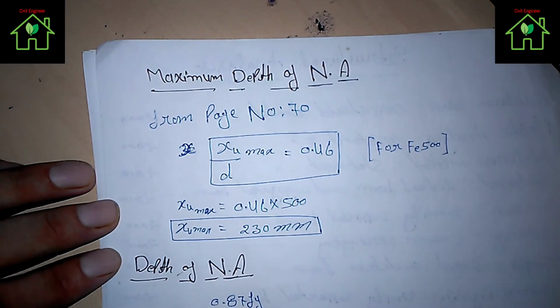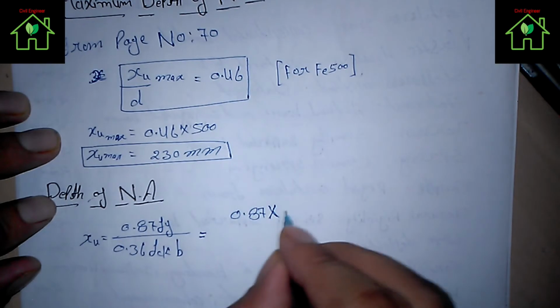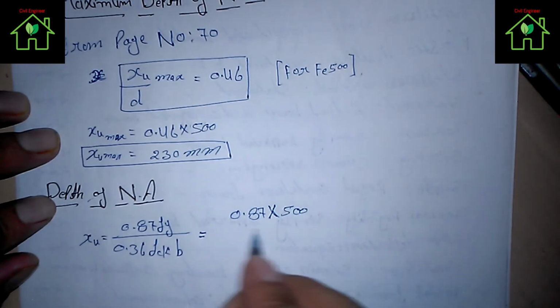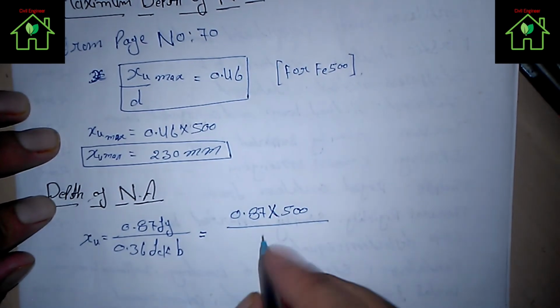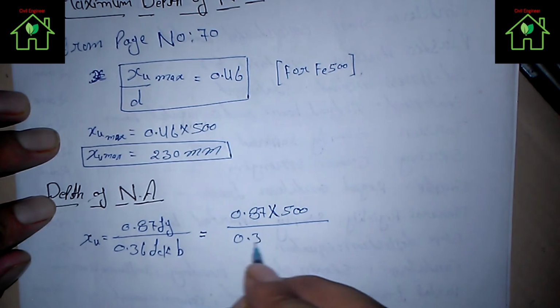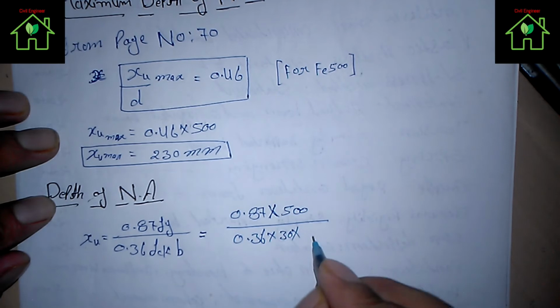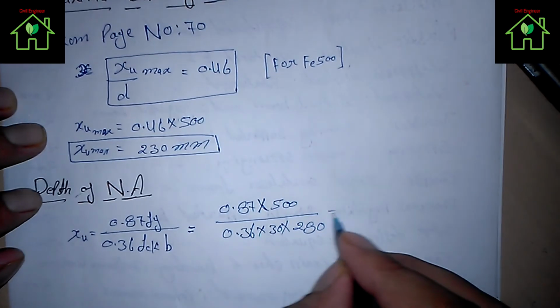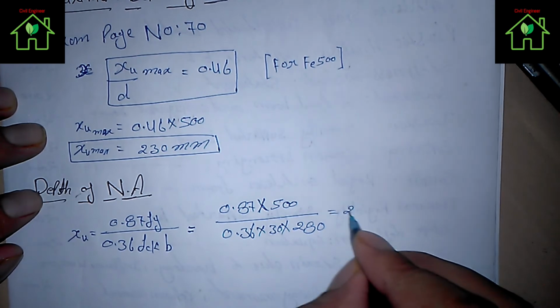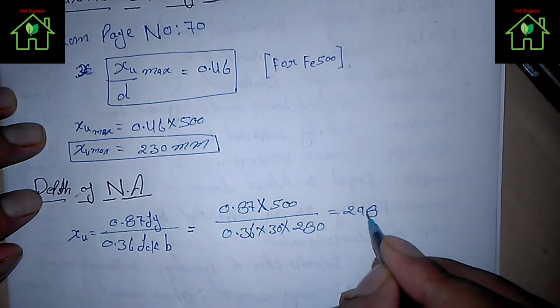This is for a singly reinforced beam. Divided by 280, is equal to 298 mm.